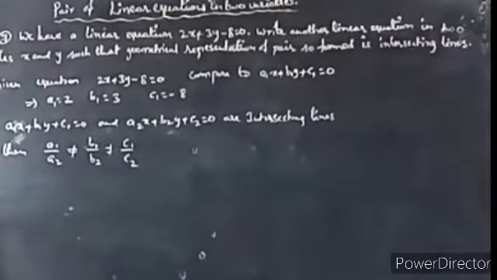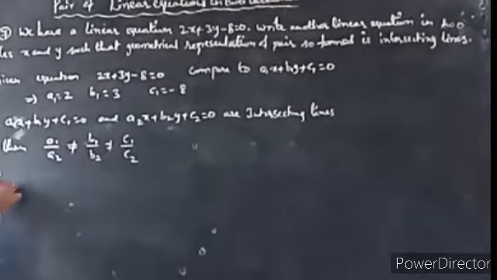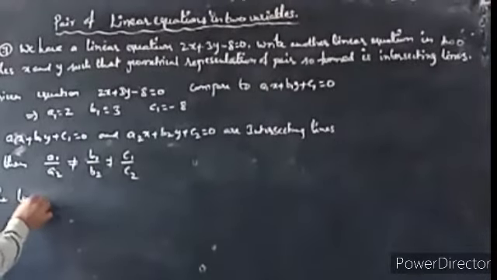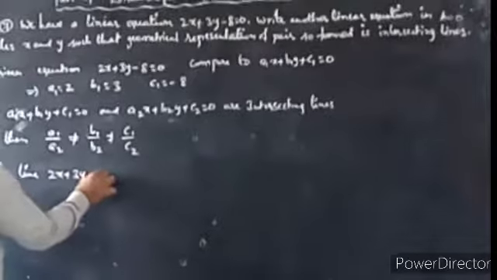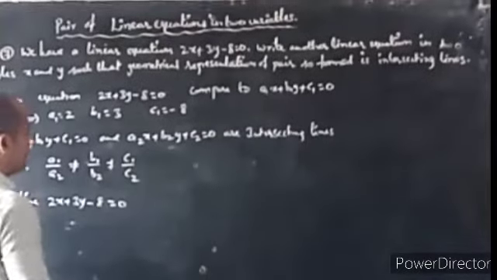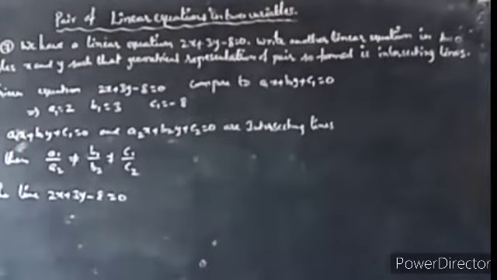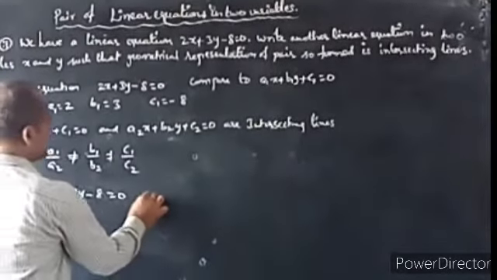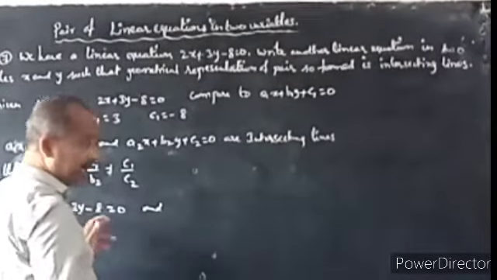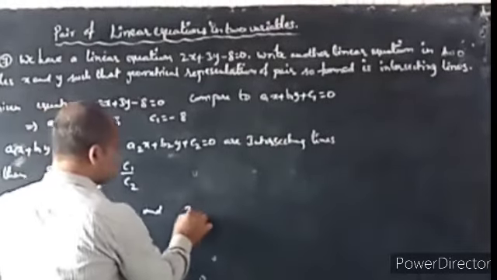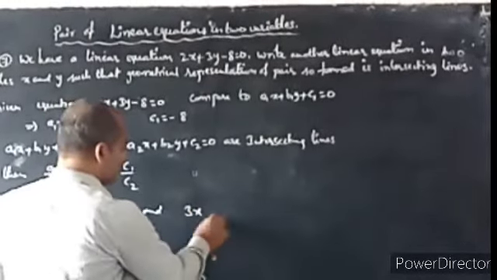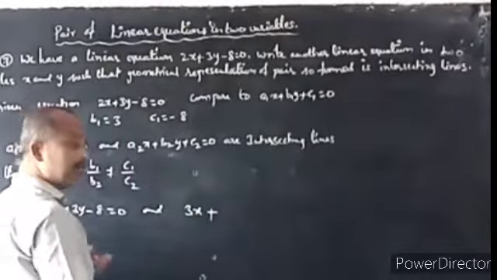So the line 2x plus 3y minus 8 equals 0. As you wish, you may write any. In place of 2x, write 3x, plus 3y write 4y.